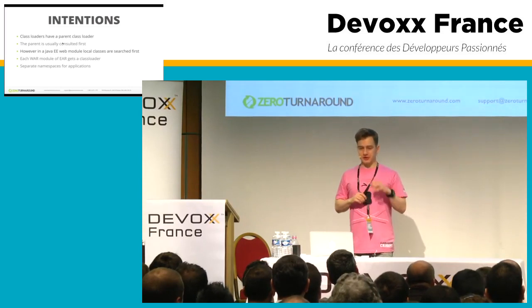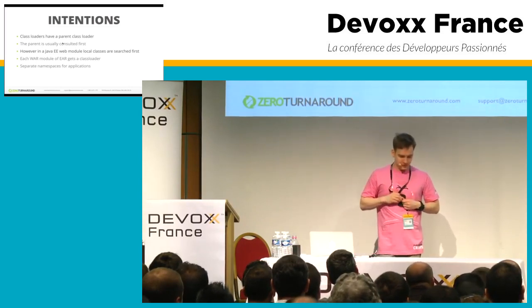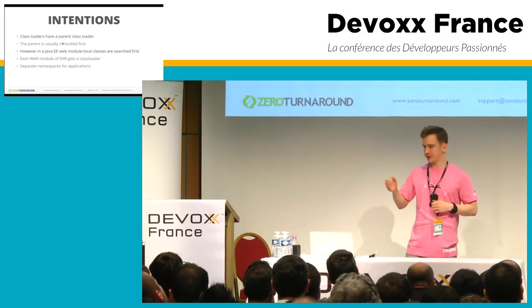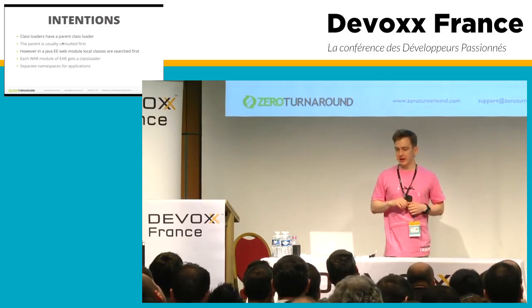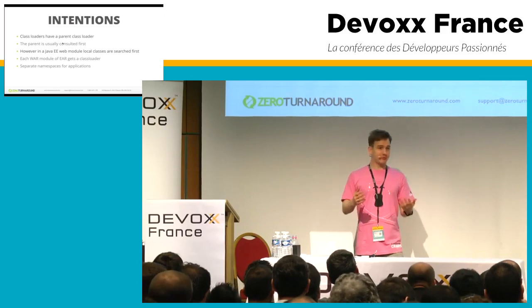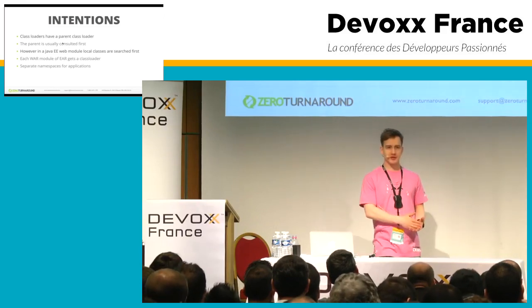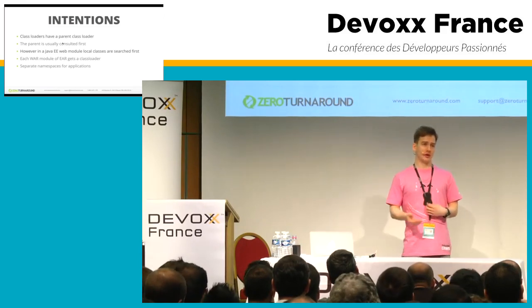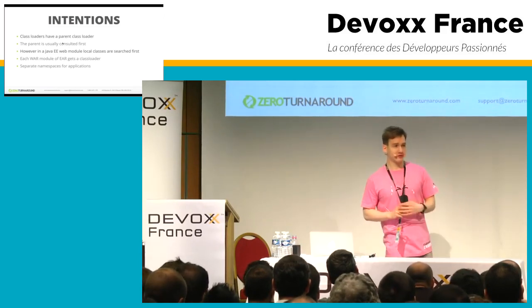However, then Java EE came, and consequently all the following specs like Jakarta EE currently, and they introduced this concept of web modules. At that time, application servers didn't release that often, and there weren't that many of them.